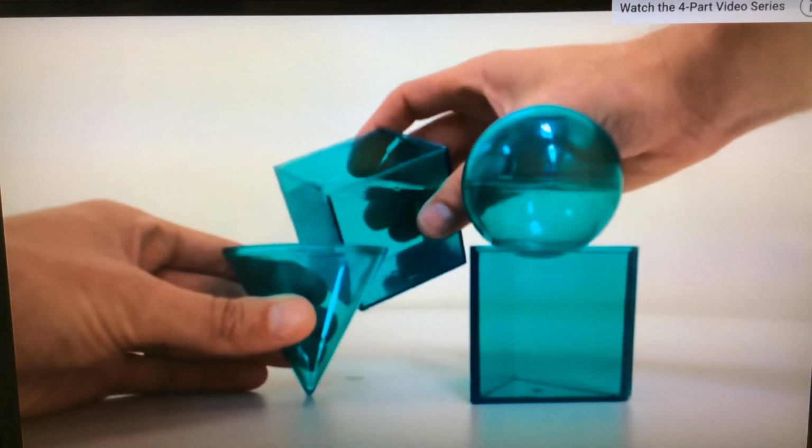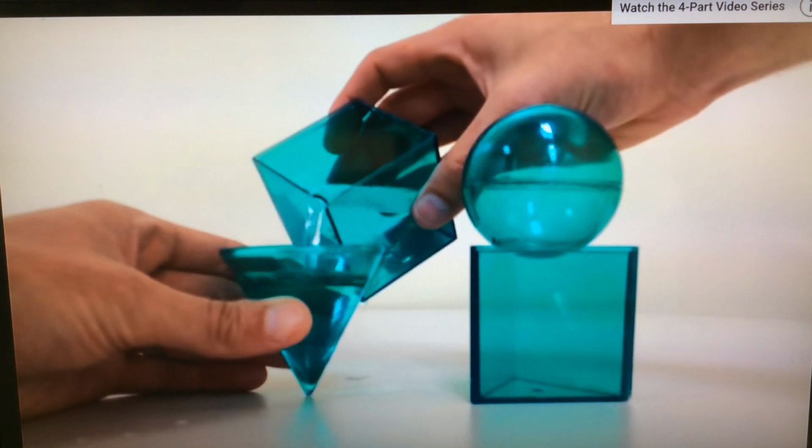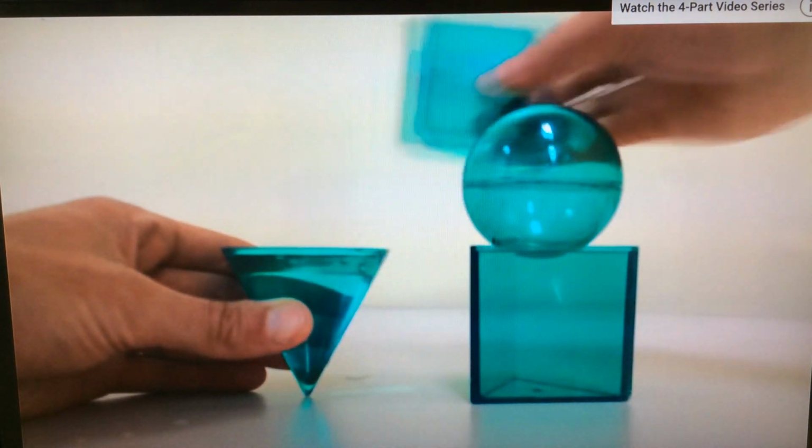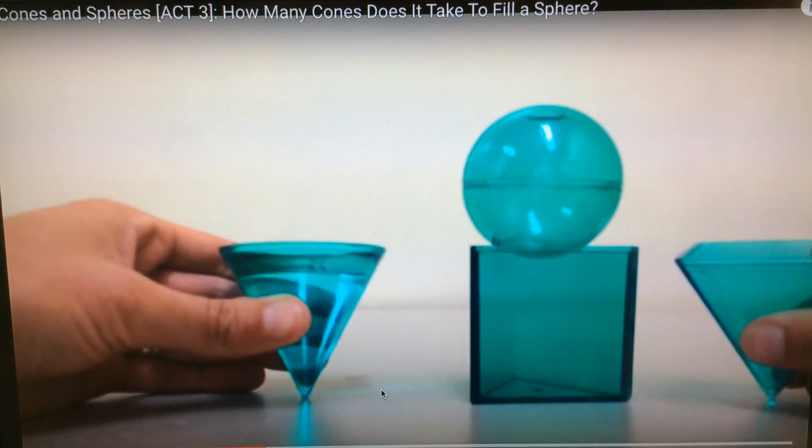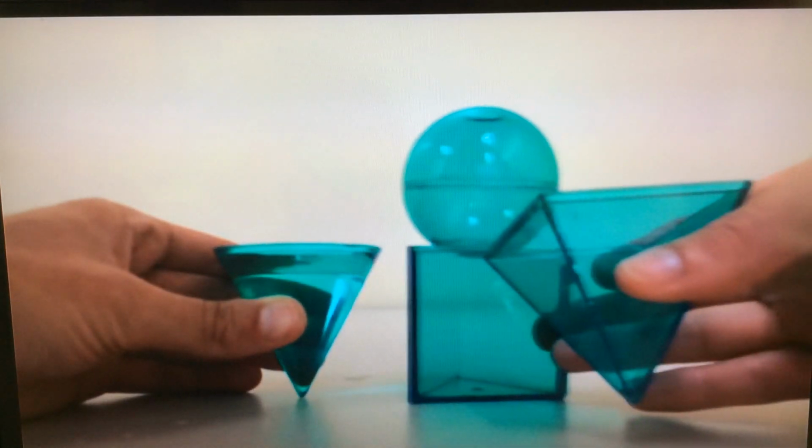Okay, so here we go with filling up the cone. It's hard to pour out of this cone, so he transfers it to a pyramid that has a nice corner that he can pour out of.